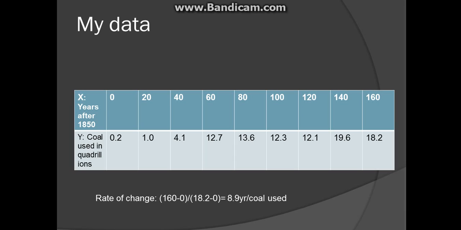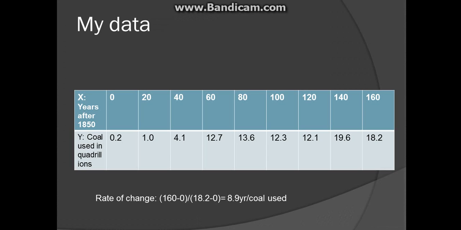So I had to shrink the numbers down to make them more manageable. And for my Y values, we'll have our coal usage per year measured in quadrillion tons. My rate of change is 8.9 year per coal used. When we get later into the video, that'll make more sense.